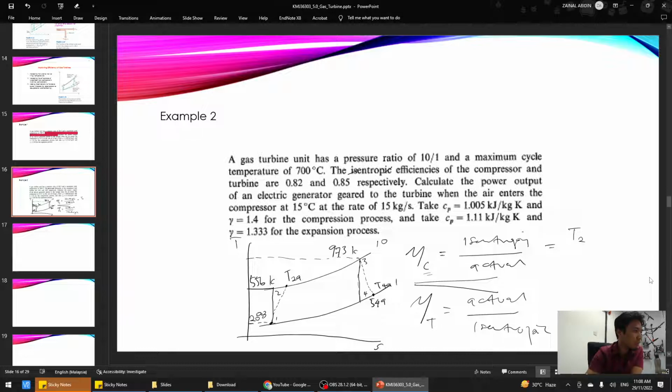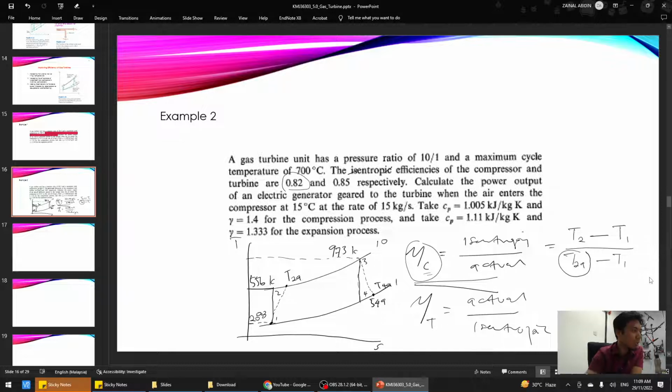T2S minus T1. So actual is here, T2A tolak T1. So you are looking for T2A here because isentropic compressor punya value dibagi kat sini ni 0.82.